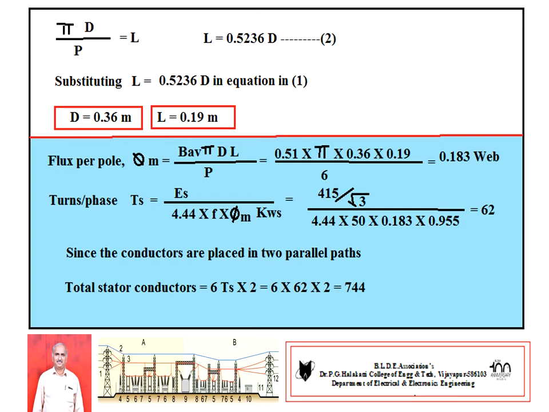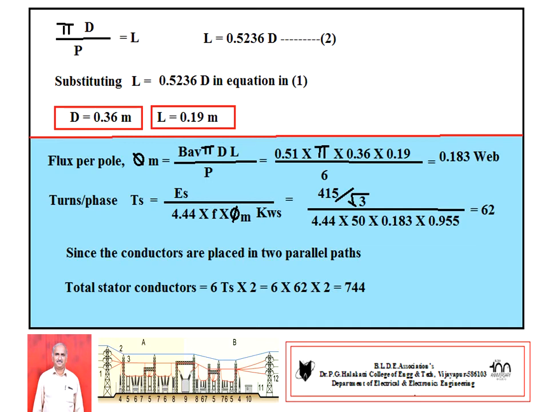After that, by using the stator voltage Es equation, calculate Ts, the stator turns per phase. Here Es is the phase voltage. The given connection is star and the given voltage is line voltage, hence 415 by root 3 is the phase voltage. So we get Ts as 62.